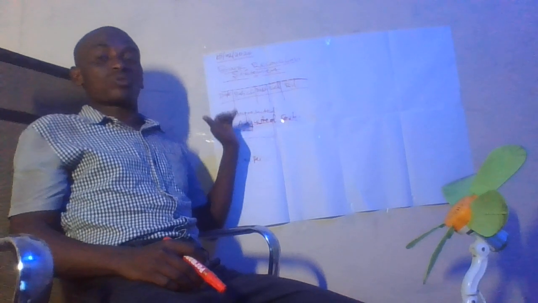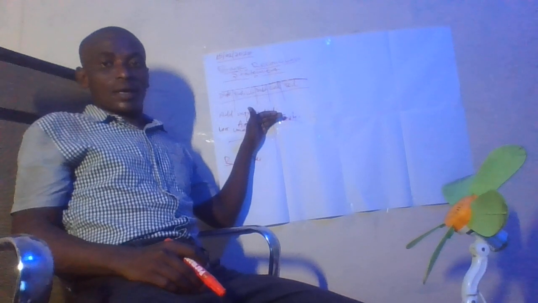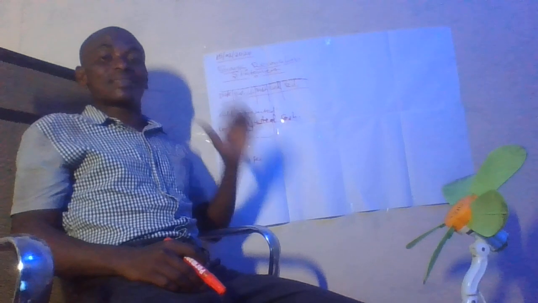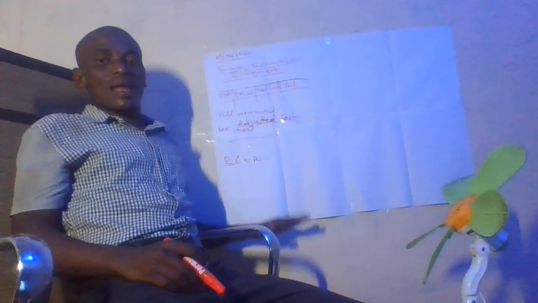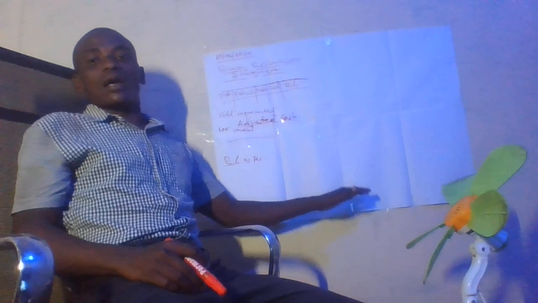You're supposed to add uncredited checks, okay? Uncredited checks, then you less unpresented checks. Then the balance here will be the balance as per the adjusted cash book.